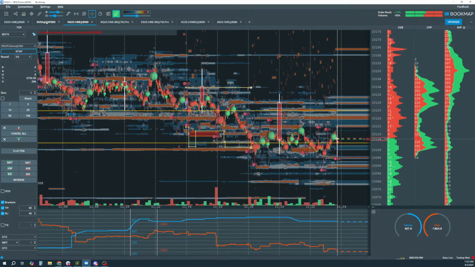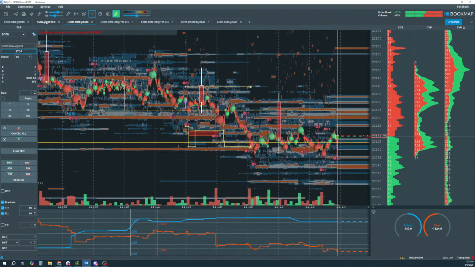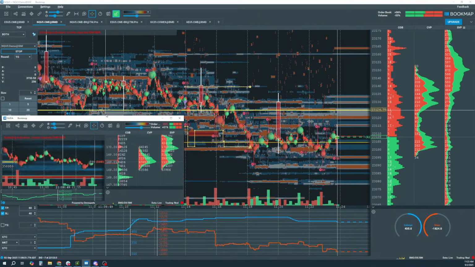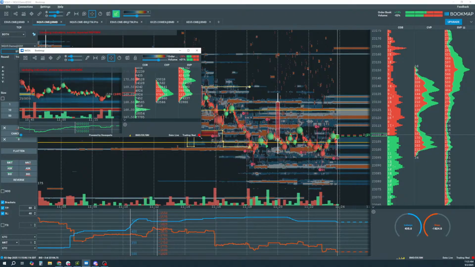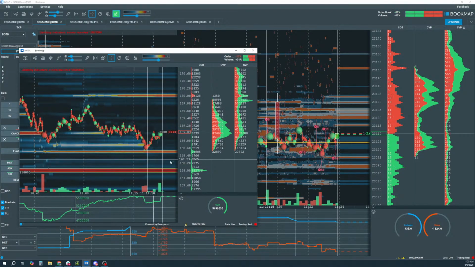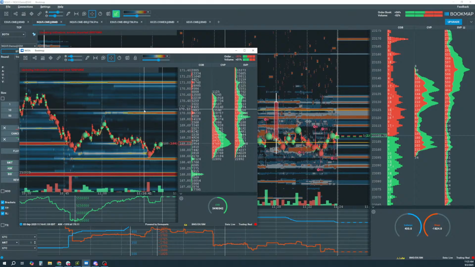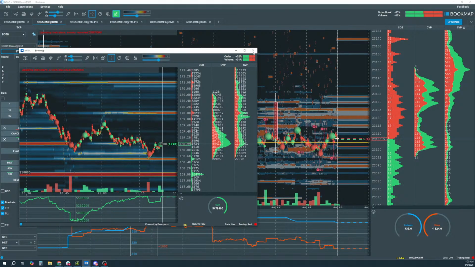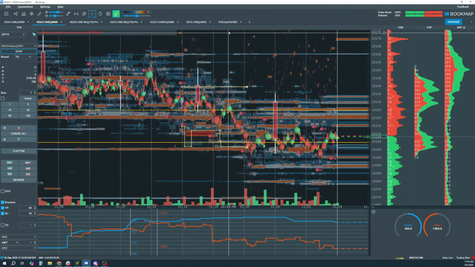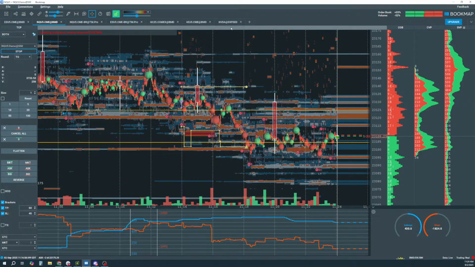Or, we can right click in here, open this in a new window. Also look at it this way. Put this on a different monitor if you like. And if we close it here, it'll pop back into the main tabbed window here.